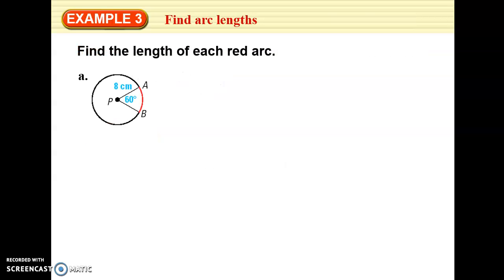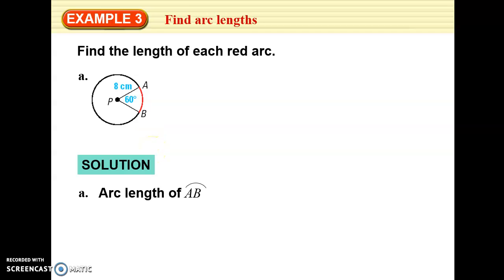Now, let's go to the exercise of length of the arc. Now, we have this one where 68 is the measure of the arc. Remember, the measure is in degrees. We have that 8 centimeters is the radius. If we are looking for this part that is in red, the solution will be done applying the formula.